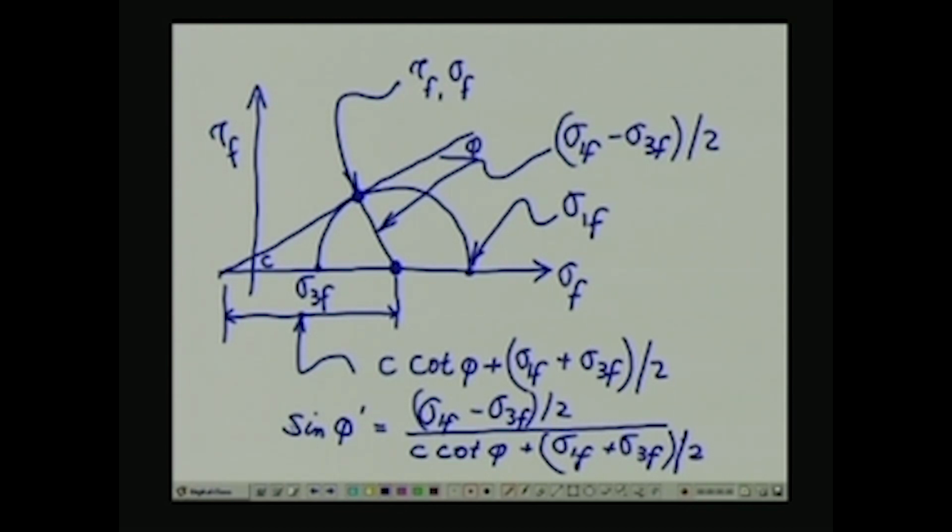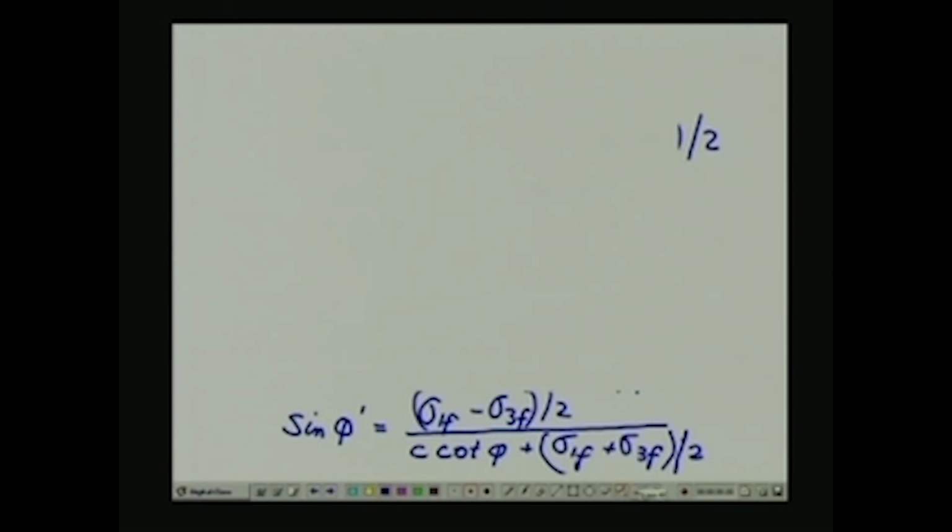Recall, try to remember this last relationship that we derived here, and I have to erase everything from this particular screen other than that. And try to remember the geometry that we were considering as well.